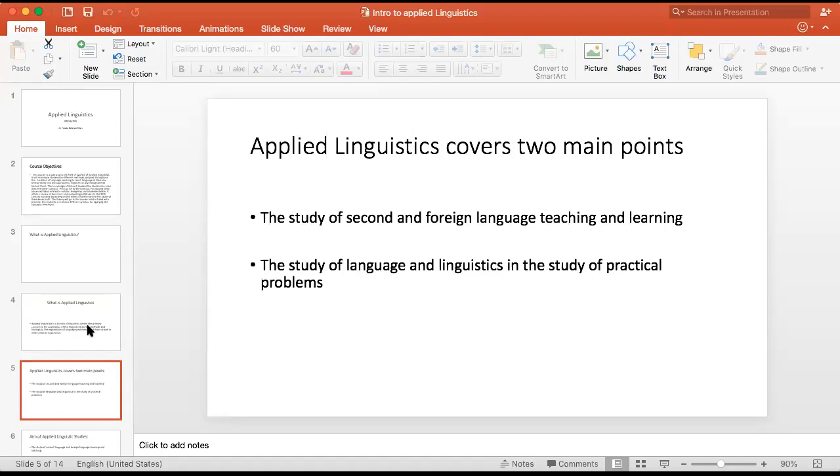Now let's move to what's the need for applied linguistics and what areas it covers. Basically, as I told you, there have been debates among the linguists. One group believes that applied linguistics is only about anything related to language teaching.